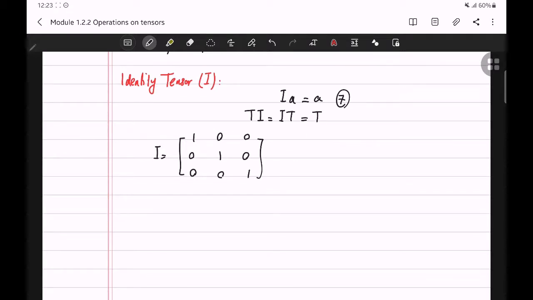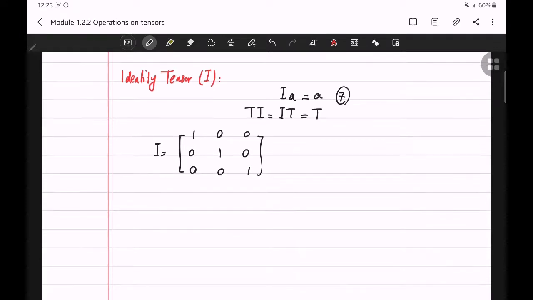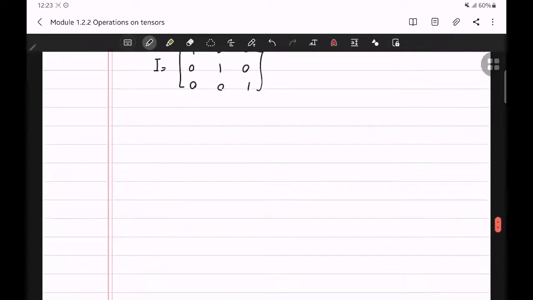And if you have two tensors S and T such that ST equals I, that means S is equal to T inverse.